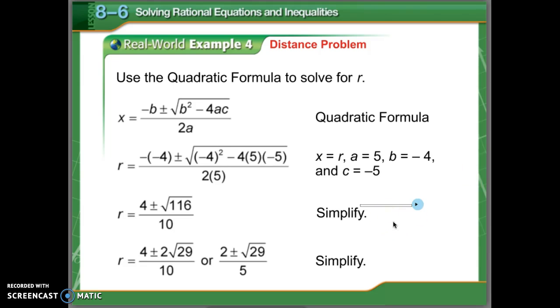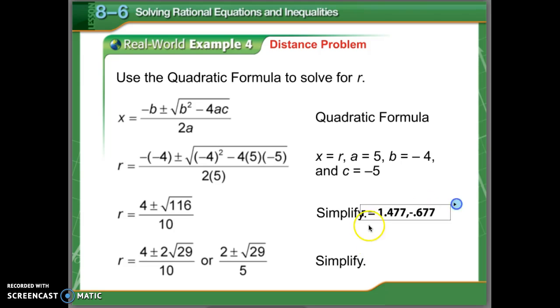So 2 plus root 29 over 5 is 1.477. So we're going to say r equals 1.477. And 2 minus root 29 divided by 5 is negative 0.677. And hopefully you remember that you can't move at a negative rate. Sorry, that negative sign should be down here.